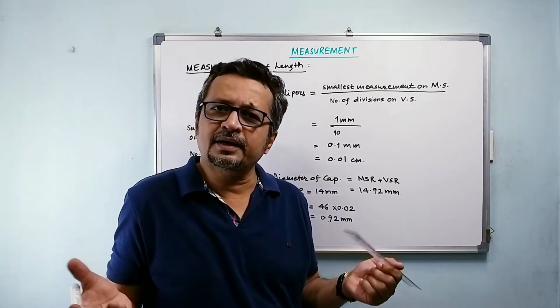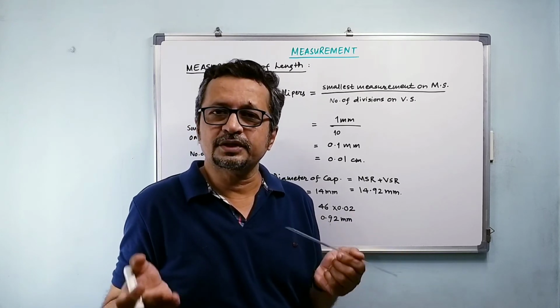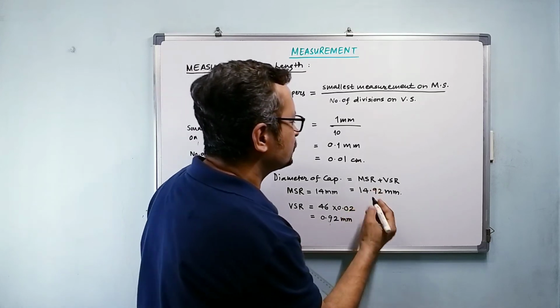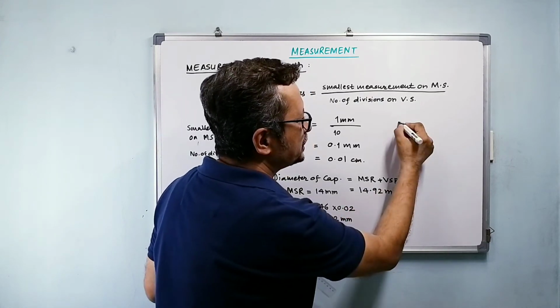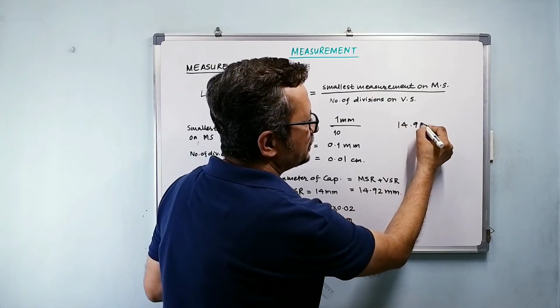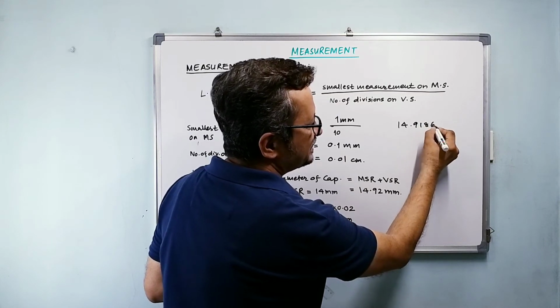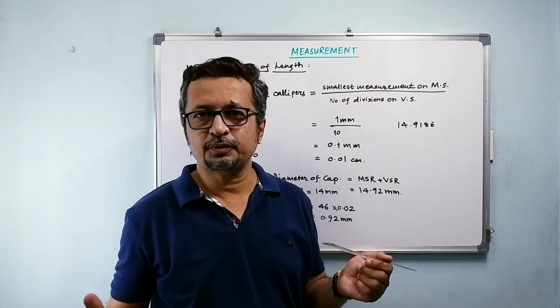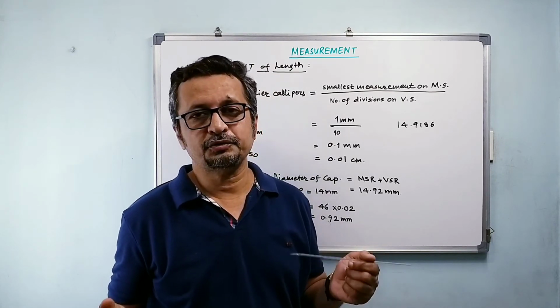But if I get some measuring instrument which has even smaller least count, then I can measure this maybe as 14.9186 millimeter. Is it not possible? Yes, it is possible.